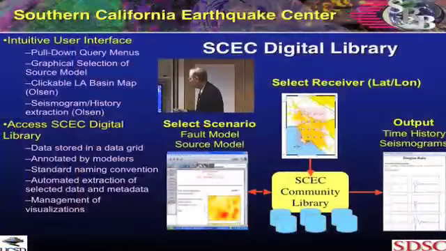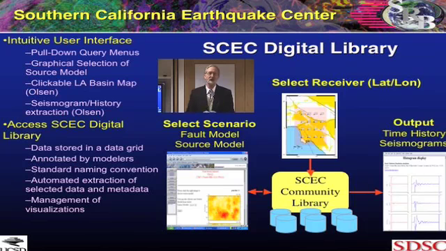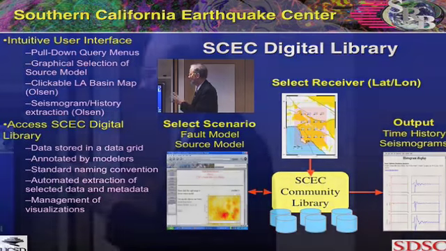Another example of a group that is building large collections is the Southern California Earthquake Center. This is a group that provides their own services for interacting with their particular data. So they display seismograms. They allow you to do them side by side. They give you descriptions of the structure of the faults that drive the seismograms, etc. So their services are highly tuned to their particular application, but they're managing massive amounts of data.